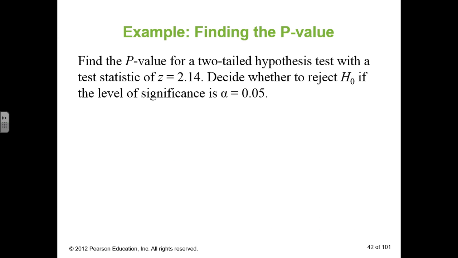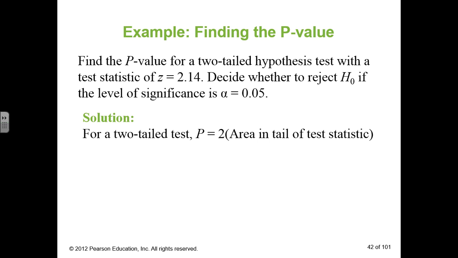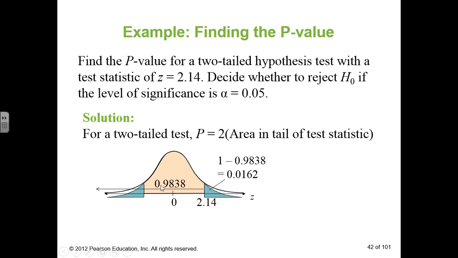Now suppose we have a two-tail test and the test statistic turns out to be 2.14. Well, remember, in a two-tail test, p is split evenly between the two tails. So we can find this lower region using negative 2.14, which I think is a little easier to do. Look it up in the standard normal table, and we see that that value corresponds to 0.0162.